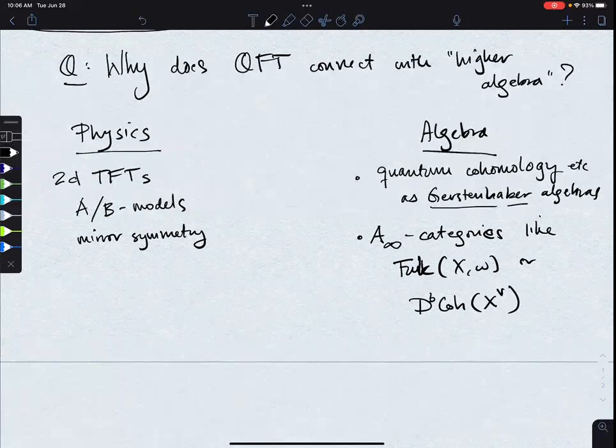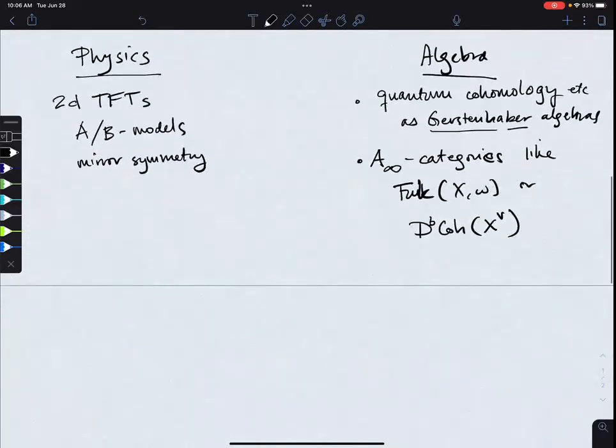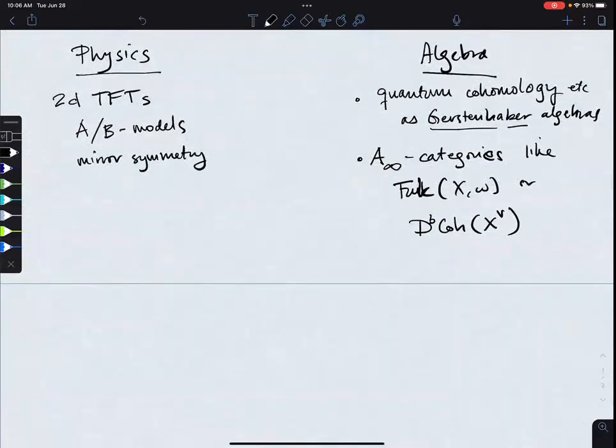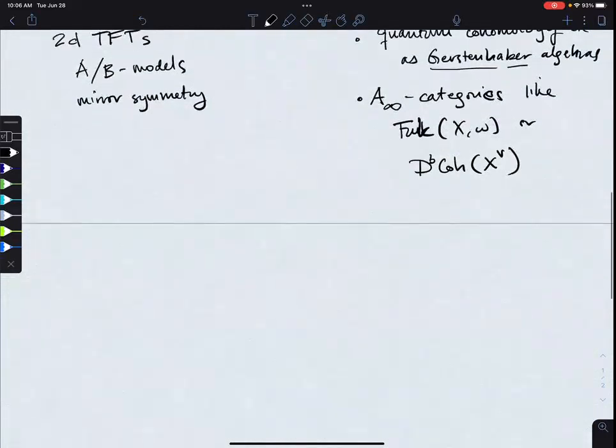So these are pretty sophisticated objects here in math. It's been a lot of work to make them well defined, and the fact that they're connected has been shocking to algebraic geometers and symplectic geometers. Okay, so that's one example.